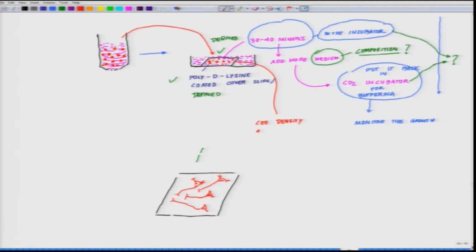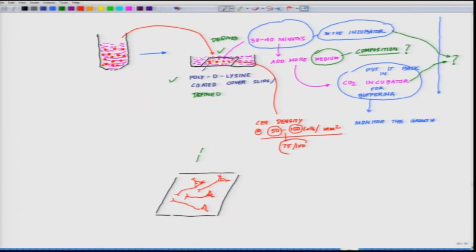Mostly for such small neurons, typically at the rate of, I would say, anything between 50 to 150 cells per millimeter square, depending on, because there are two things you have to realize here about the cell density, and this has to be defined very clearly. Either you follow 50 or you follow 150 or anything in between, say 75 or 100.